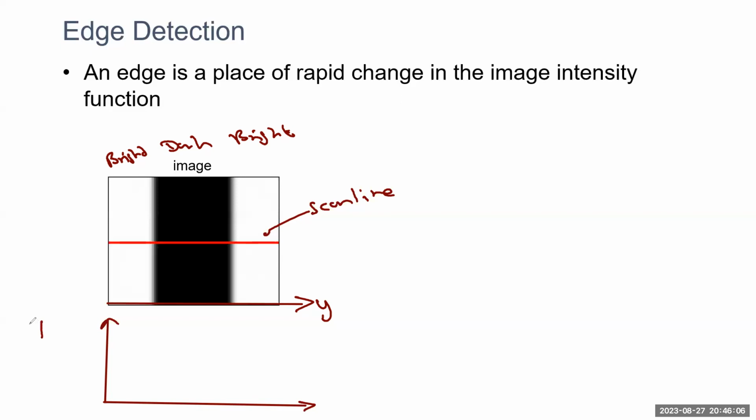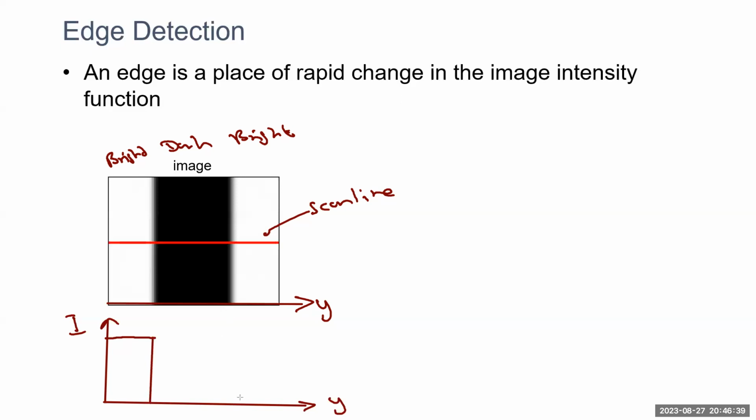We'll mark this as I along with Y. The intensity of white is quite high, so this part here is bright. Assume these are very sharp transitions, and then it will go down like this at this particular point.